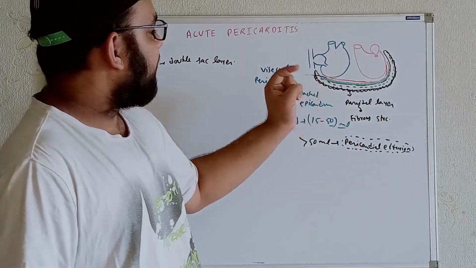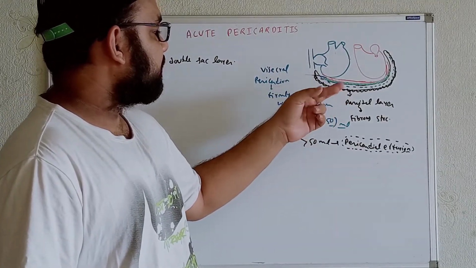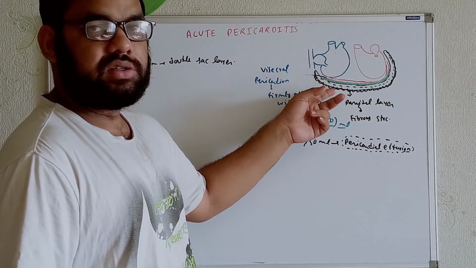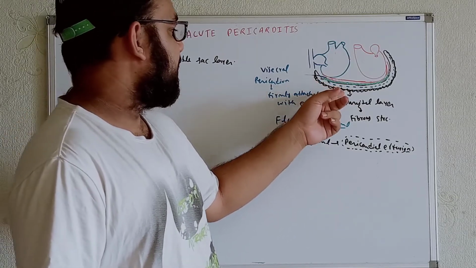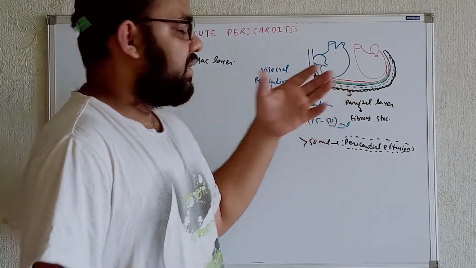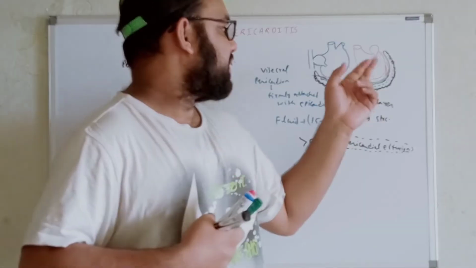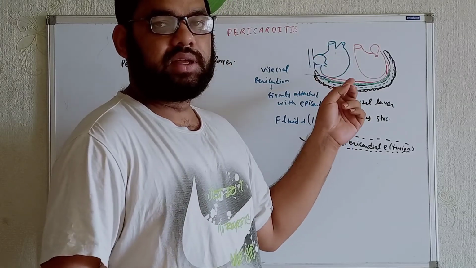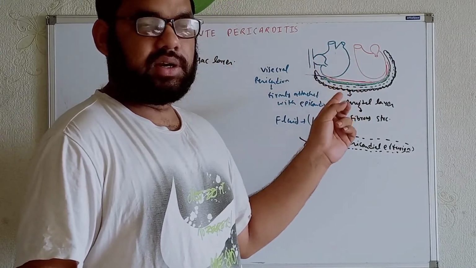Now the functions of the pericardium: from here we can understand that the pericardium helps the heart to remain in a stable position. Try to understand. This is the pericardium over here. It helps the heart to be stabilized in its position within the mediastinum, right?